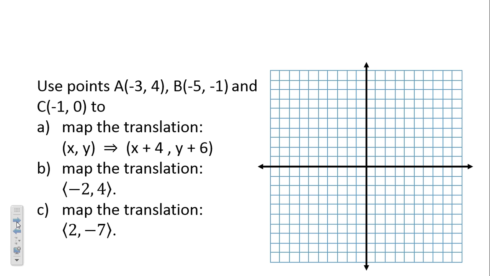Then take B and move it 4 to the right and 6 up, and label that B prime. Then take C and move it 4 to the right and 6 up. Label that C prime.